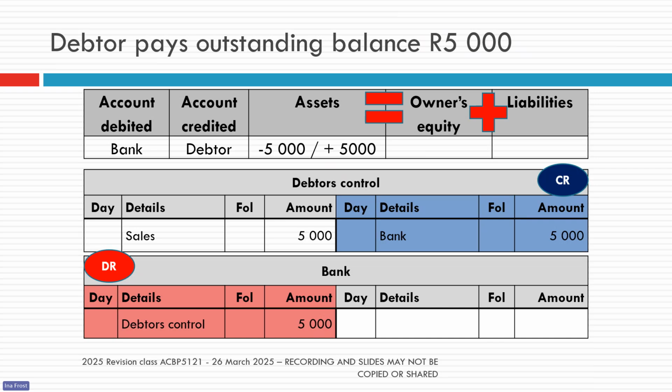If you look at that middle account, the debtors control in the general ledger, the original sale was recorded on the debit side, and when our debtor comes to pay us, we record that on the credit side. Once we've recorded that, it shows the debtor isn't owing us any money, because they owed us 5,000 rands and they've paid us 5,000 rands.